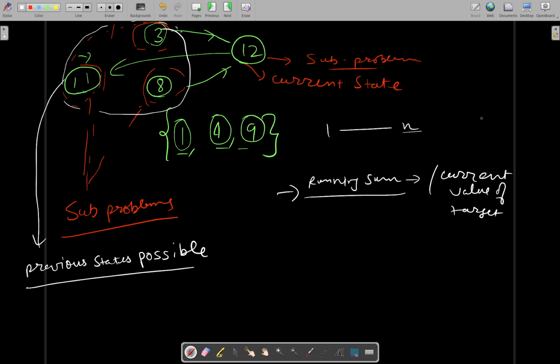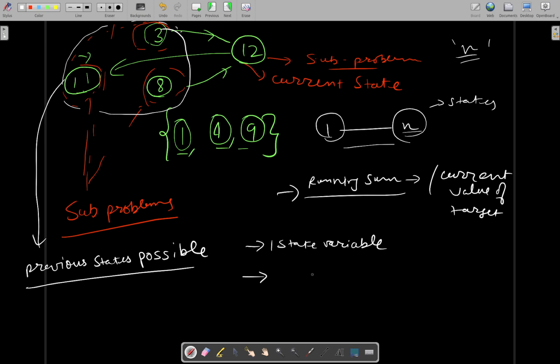So initially your target is equal to n, so all of the values from 1 to n will be considered as your states. So since there is only one state variable, how many dimensions of dynamic programming will be required to store? Only one dimension will be required.